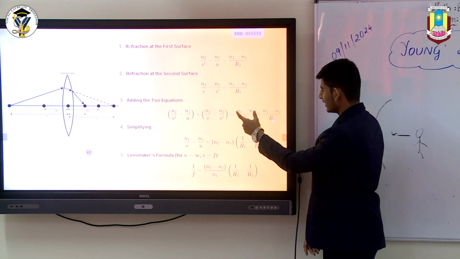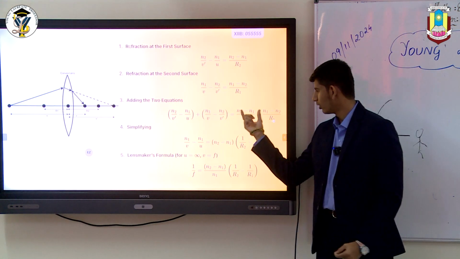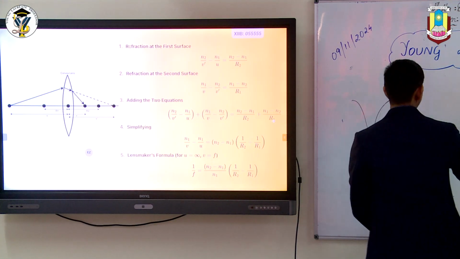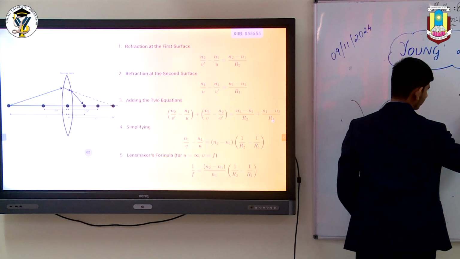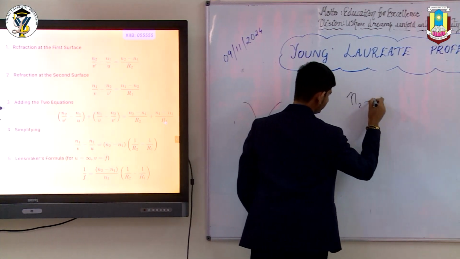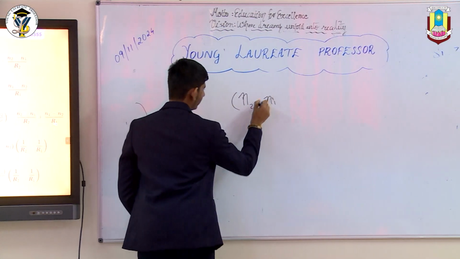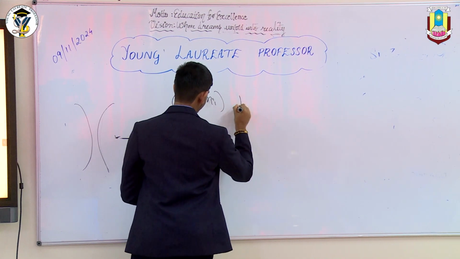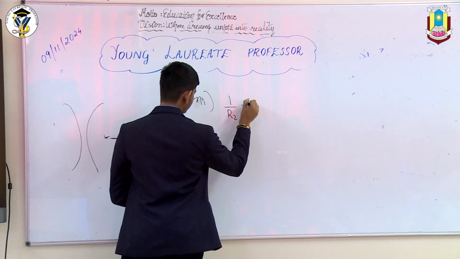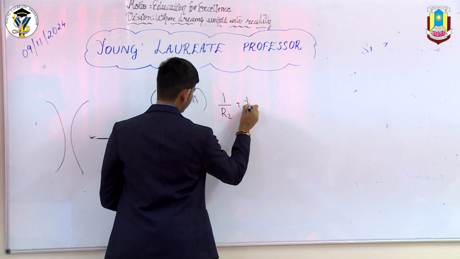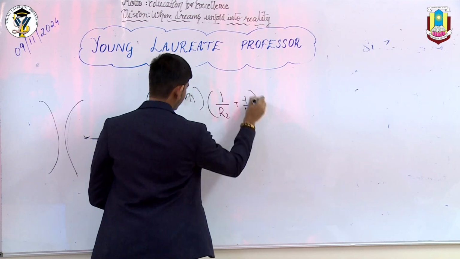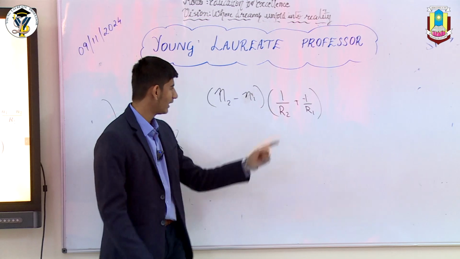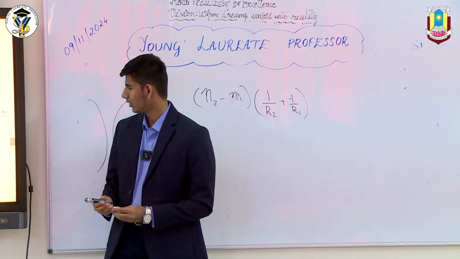And from here, let's take n2 minus n1 common outside. So let me just show you. When I take this out common, what I remain with is this, because since there's an inversion in sign, I'm going to get a negative sign at the top on r1.